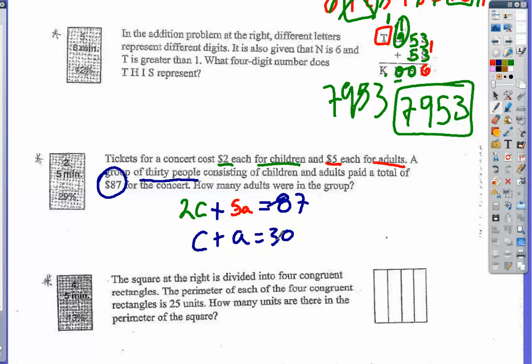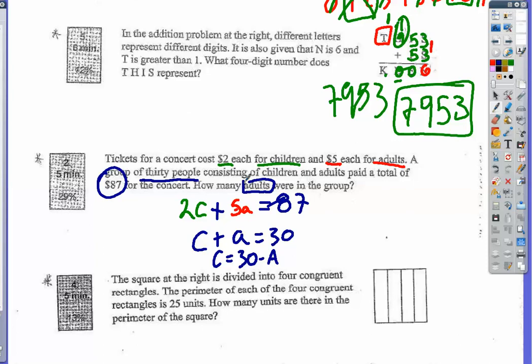I'm going to say that C is equal to 30 minus A. Because if I knew the adult tickets, I would take 30, subtract the number of adult tickets, and I get the number of child tickets, right? And the reason why I'm doing that one is because I want to know the adults. I want to substitute in for C.